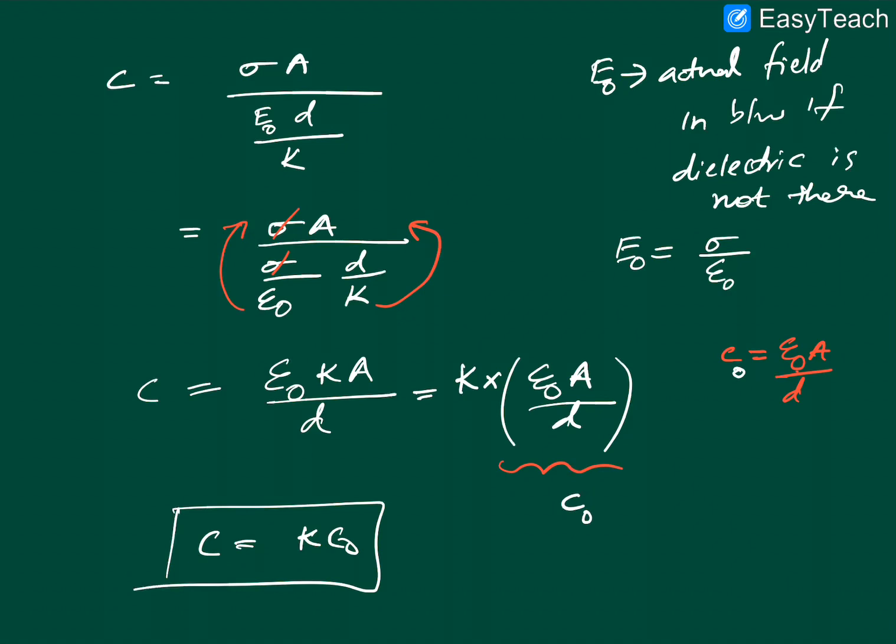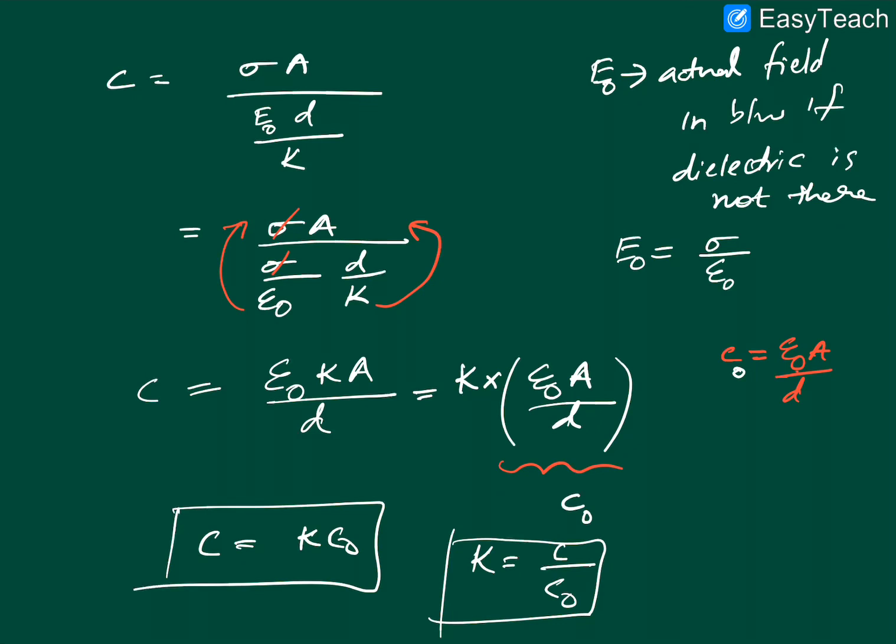When you place a dielectric in between the metal plates, its capacitance will increase by a factor of K, where K is nothing but the dielectric constant. So you can define K as C by C0. So you can say that K is the ratio of capacitance when a dielectric is placed with the capacitance when air is present, provided that the distance between the plates remains same.